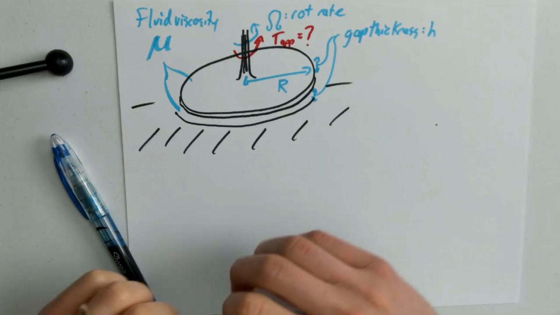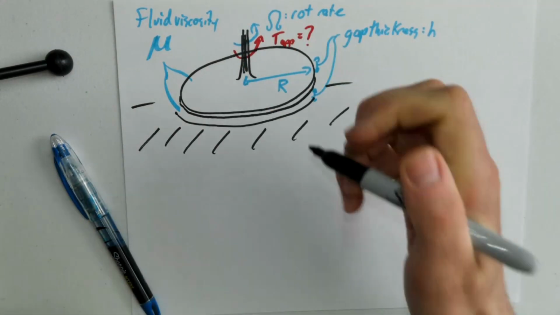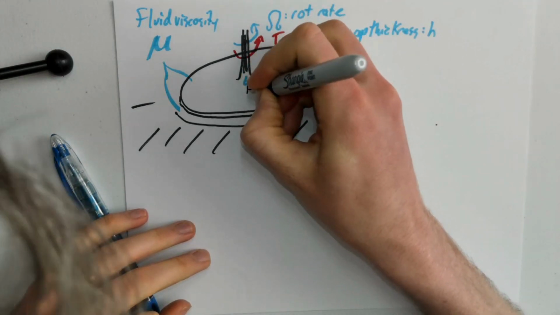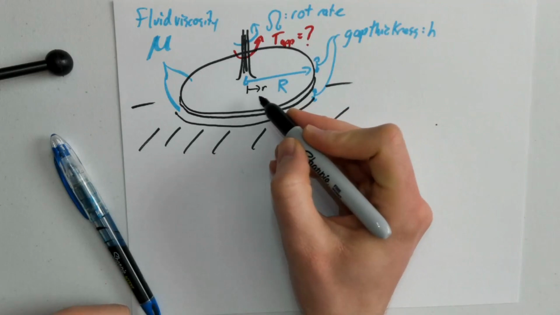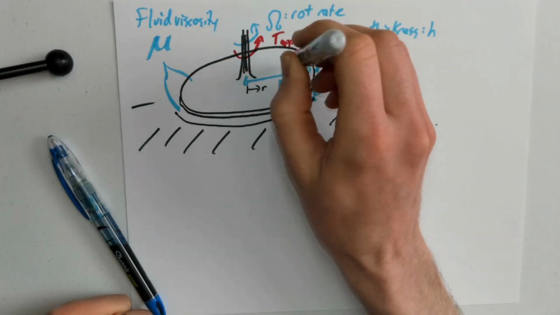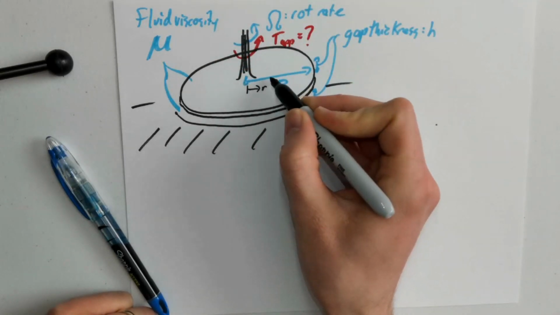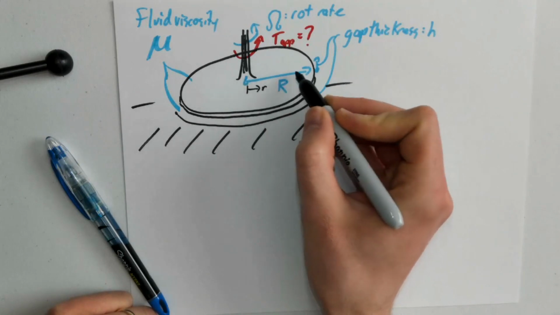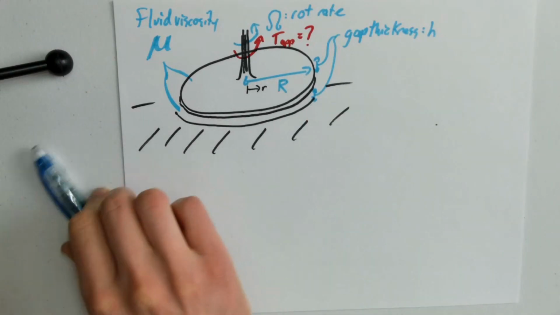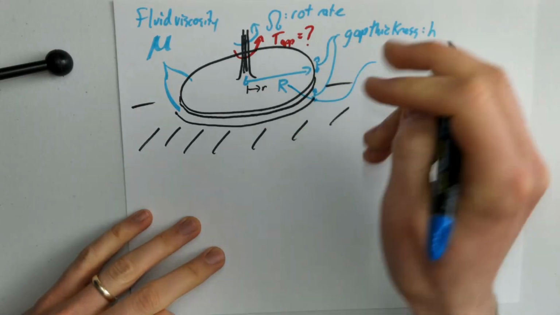All right, so oftentimes when we're setting up problems like this, it's useful to define some kind of coordinate system. So I'm going to define a coordinate system where little r is a coordinate that we're going to use to analyze lots of points on this disk. So little r is going to be the coordinate of some point between the center and the outside edge of the disk, whereas capital R that I'm putting in blue is going to be the physical radius of the whole disk, right?